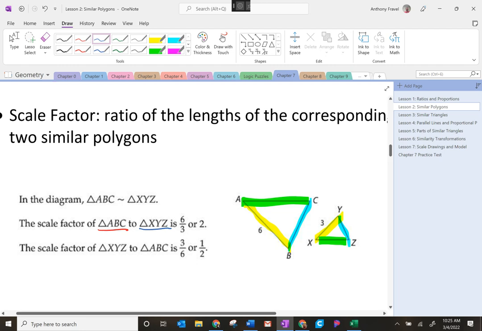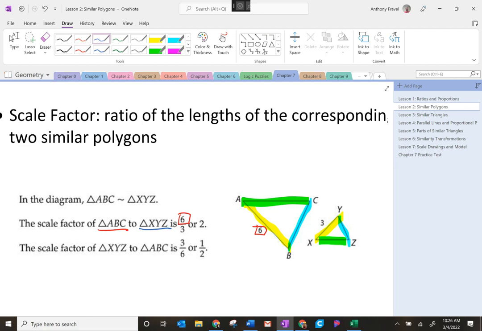On this shape, I'm going to look at the number they gave us. In between A and B, they've got a 6. That's why 6 is going to be the top number, because it says ABC to XYZ. So my very first number, because that's how they gave it to me, was the ABC. So I'm going to put 6 on top. 6 is coming from this shape.